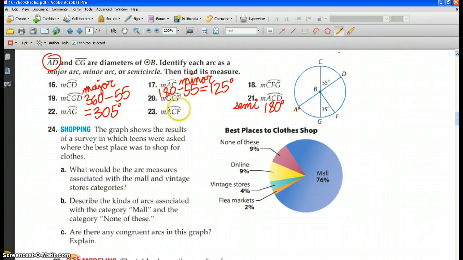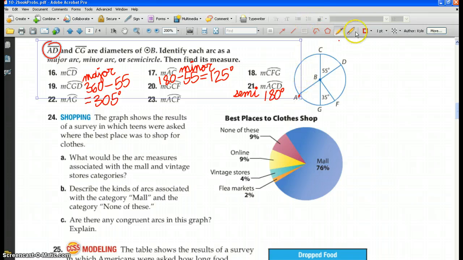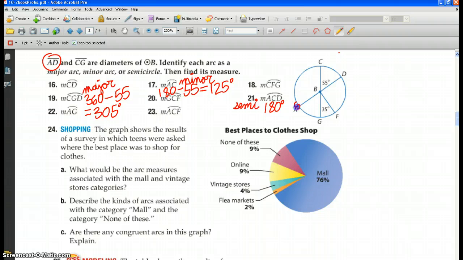Number 23, find the measure of ACF. So A through C, ending up at F. For ACF, we need to take the entire circle minus AG and GF. So we want the entire circle except for this part and this part. Now, AG is vertical with 55, so it will be 55.